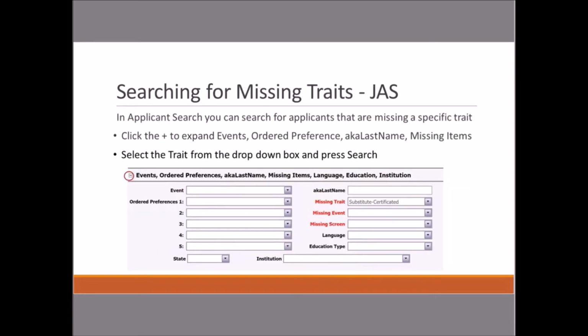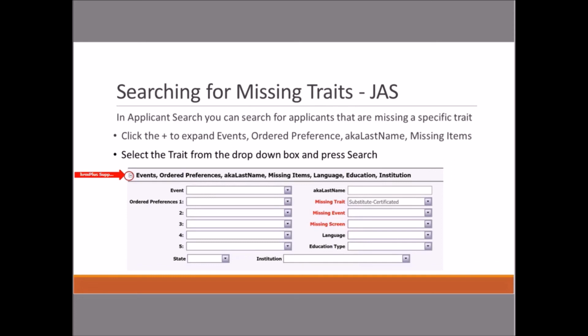You can search for missing traits. So if I'm going through and I'm giving my subs the trait of substitute, and I go back to that posting and I want to see who doesn't have that trait yet, because I want to continue working through that list and hiring my subs, I would go to the events, ordered preferences, and missing items field within applicant search or applicant reports.